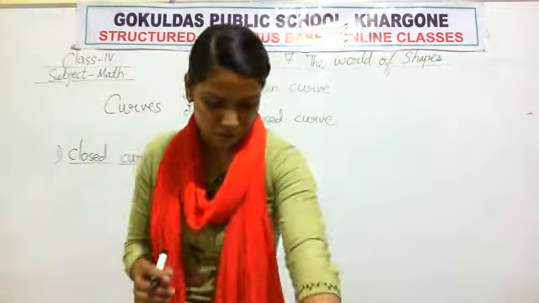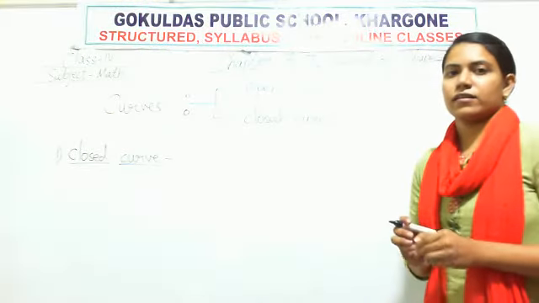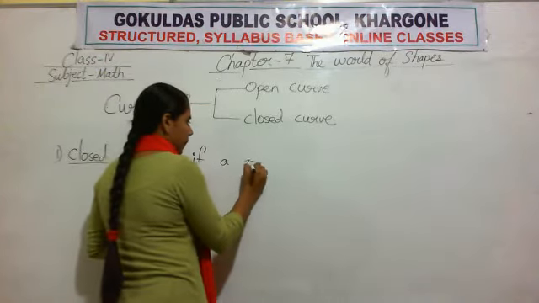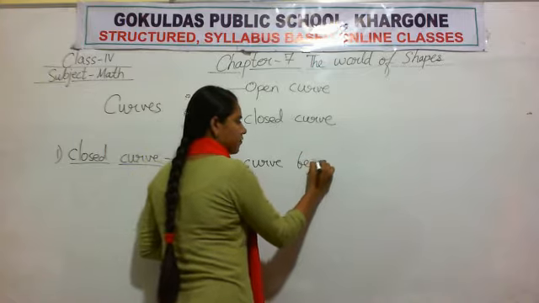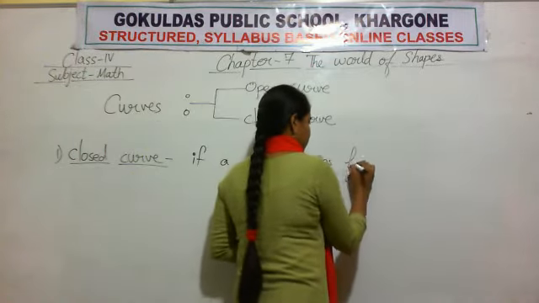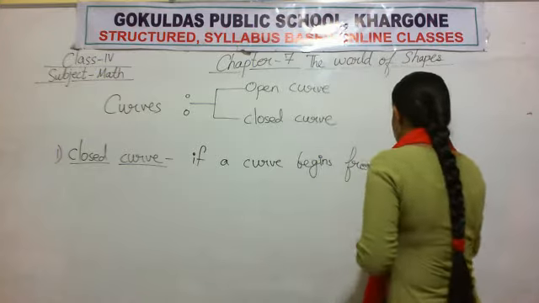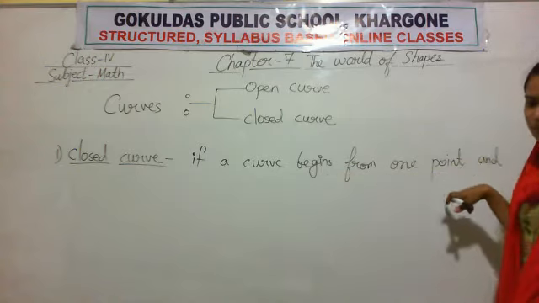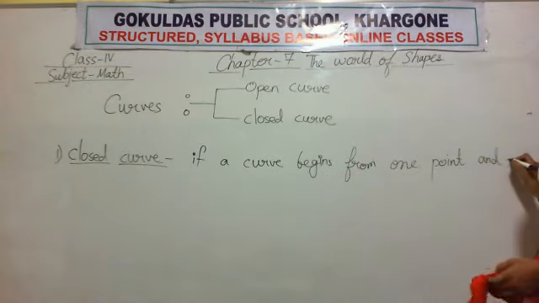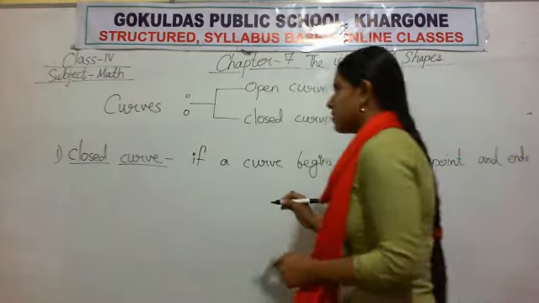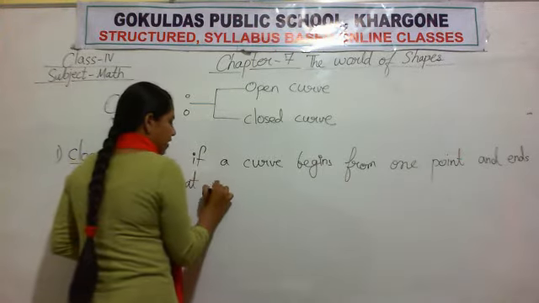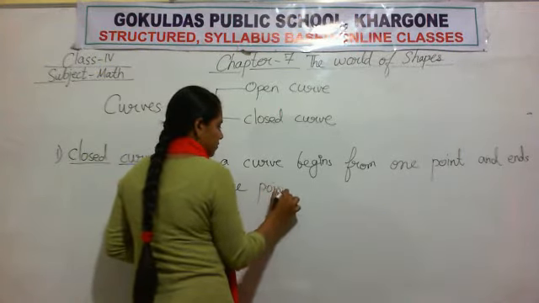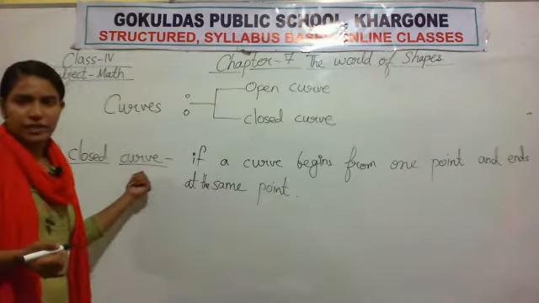What is closed curve? If a curve begins from one point and ends at the same point, it is known as closed curve.